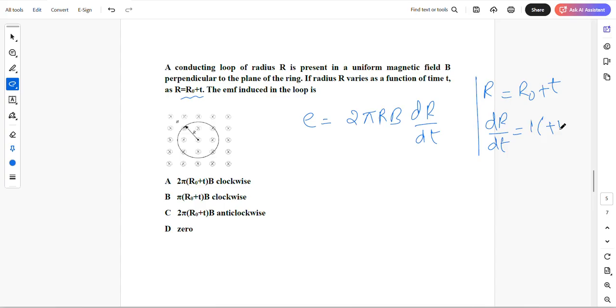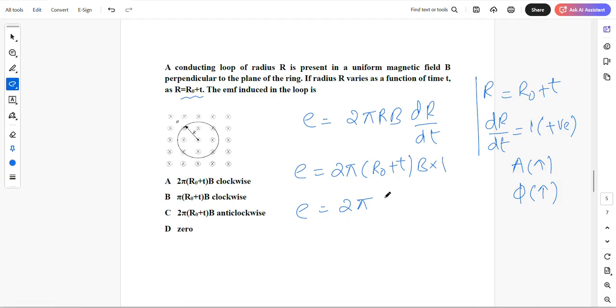Again it is positive. Positive means the area is increasing. If area is increasing, flux also increases, so you will get E is equal to 2 into pi into r, which is r naught plus t, into B, dr by dt into 1. E is equal to 2 pi into r naught plus t into B. Now here it will produce a magnetic field of opposite direction.